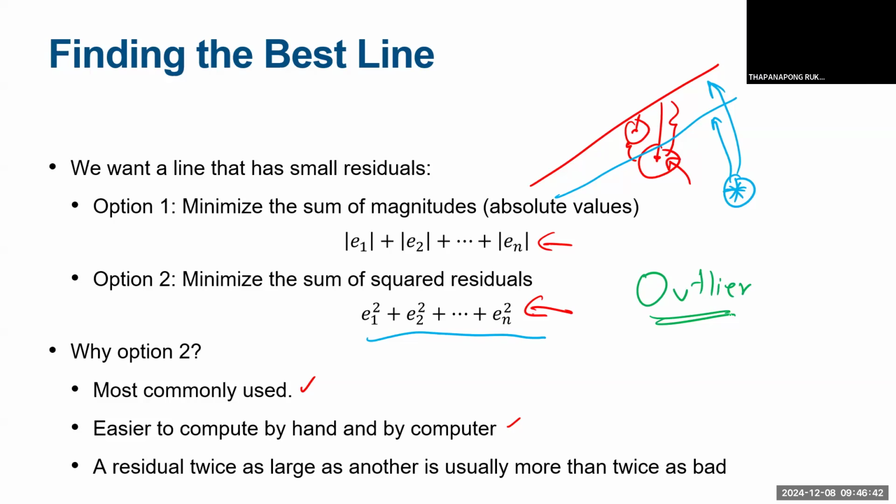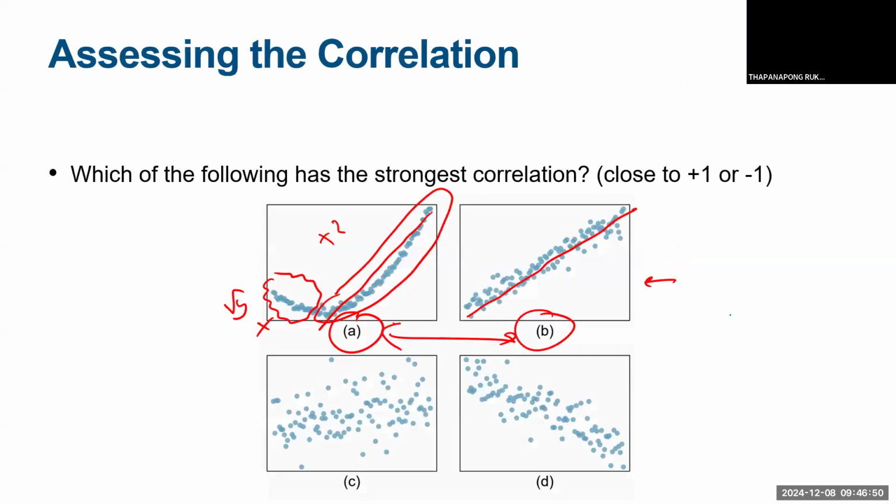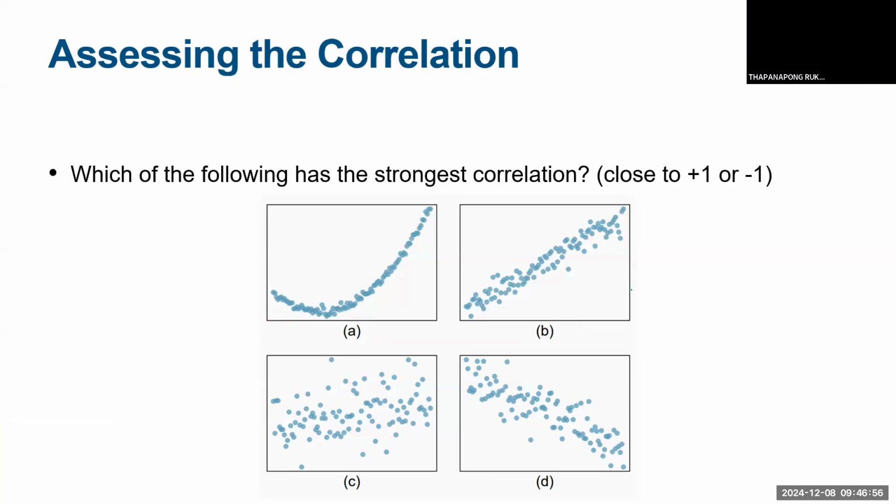What is an outlier? It's basically an output, right? If I have this line, and let's say I have this data point B, and then I just have one single point here, this is an outlier, right?